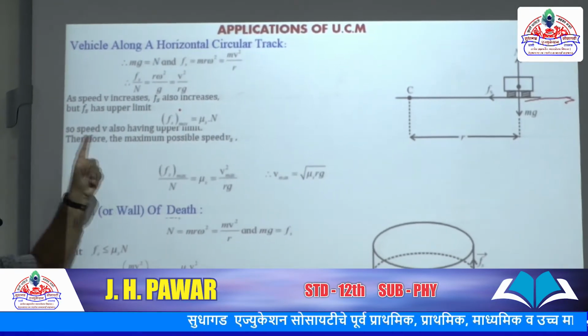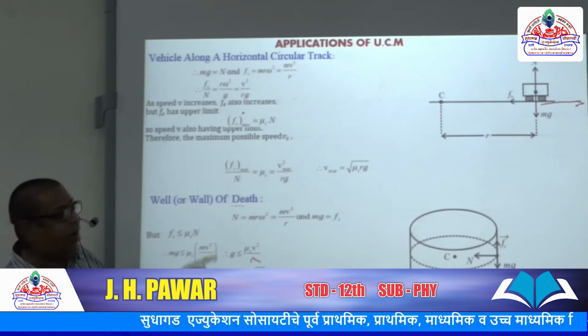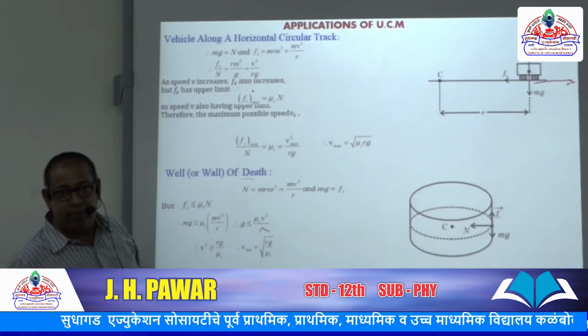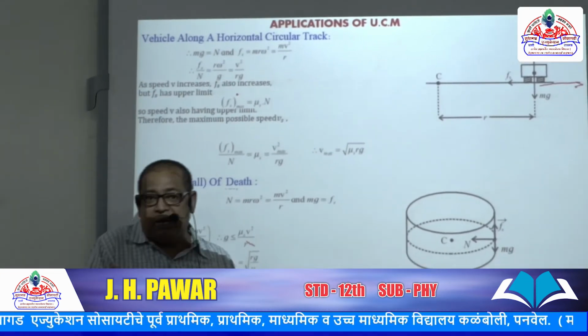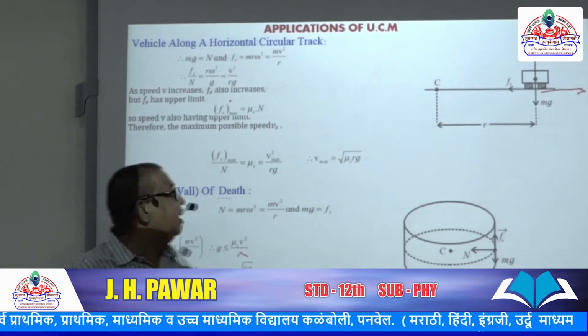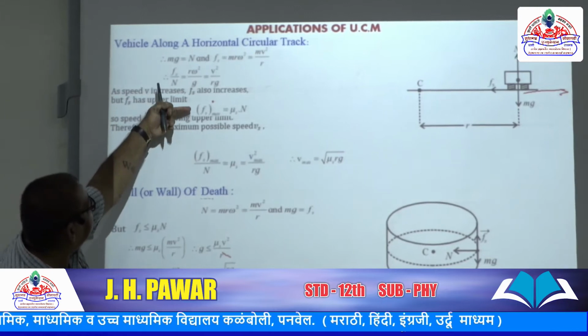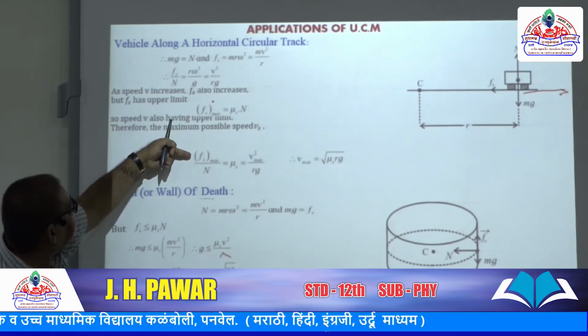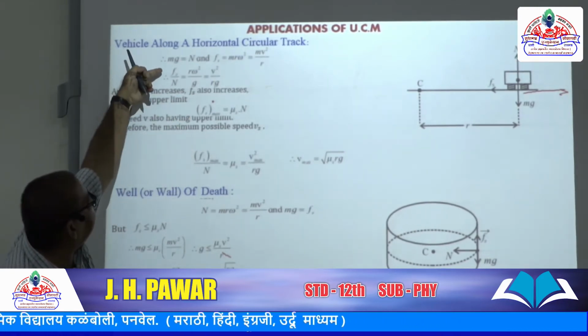So speed v also has an upper limit, which means it is not possible to increase the maximum speed beyond a certain limit. You can take Fs max upon N in this equation.